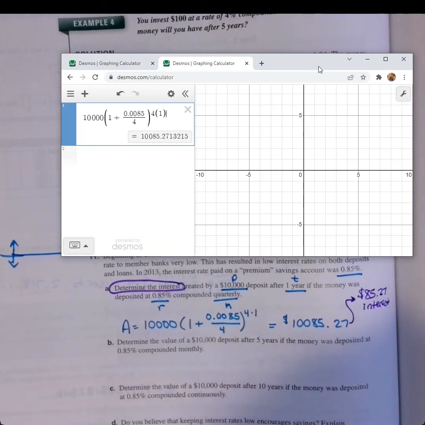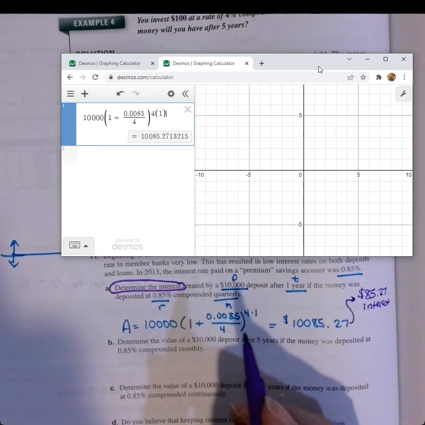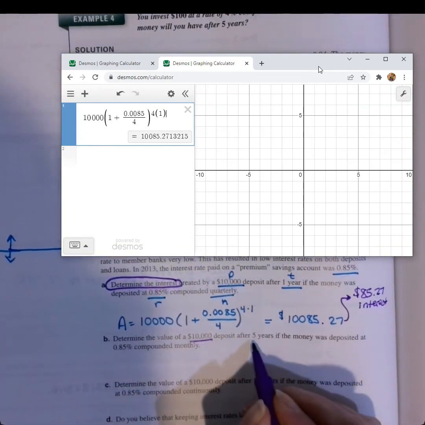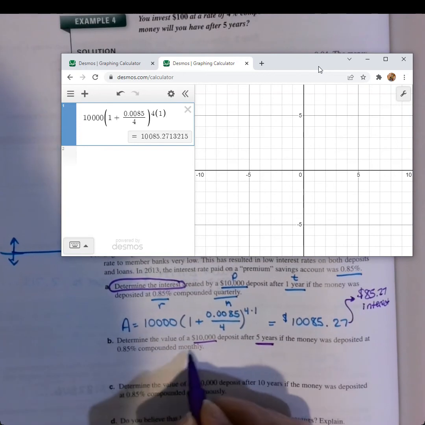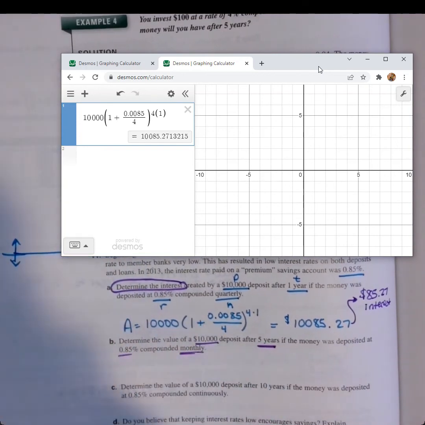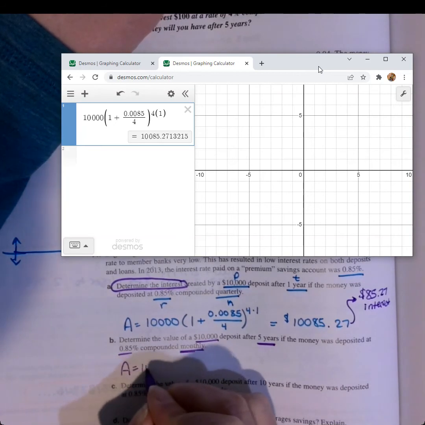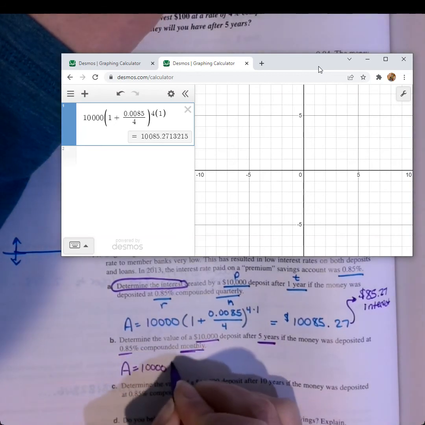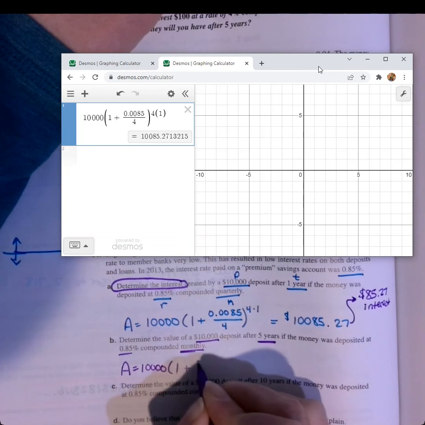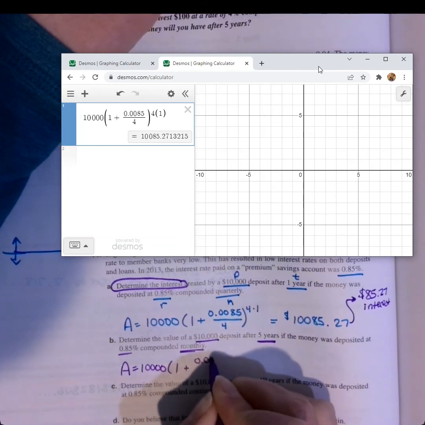Okay. Now, determine the value if we have the same amount of money deposited for 5 years and we're going to compound it monthly. Okay. So our A is going to equal $10,000 for our principal again, times 1 plus the interest rate, still 0.0085.